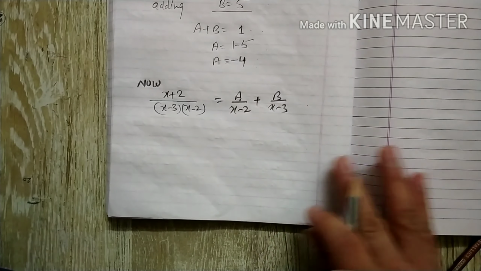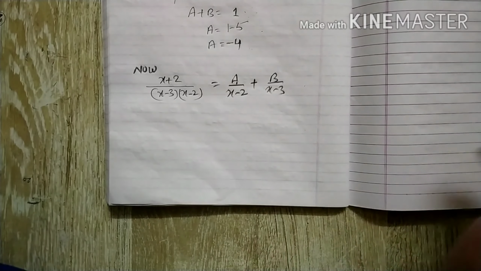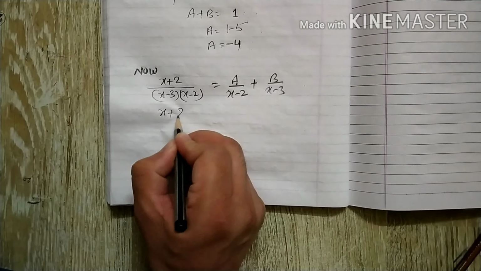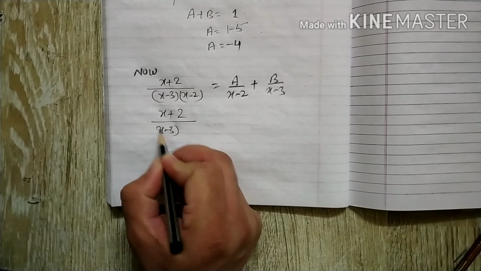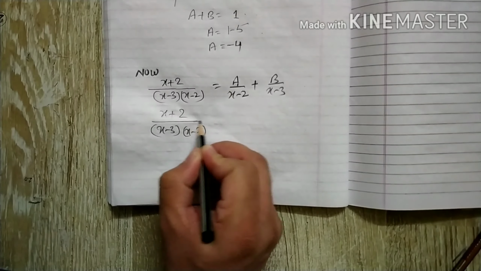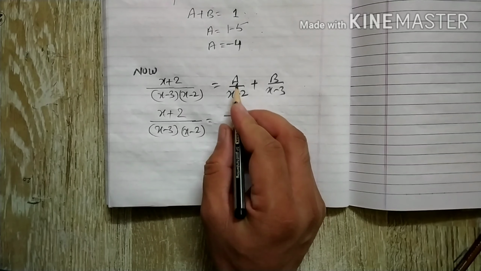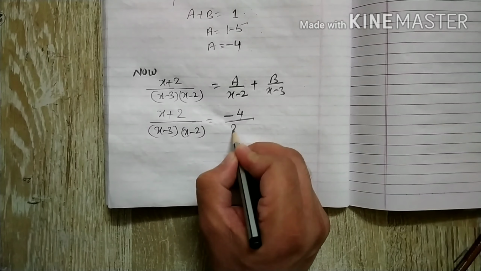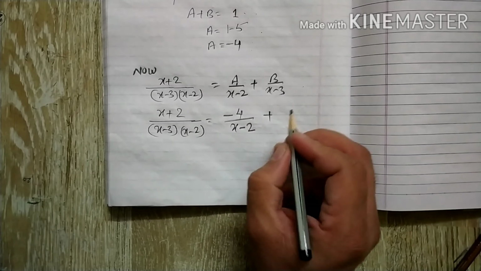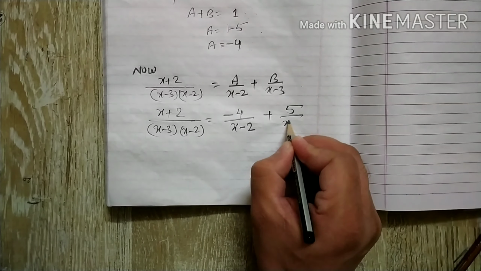Since we already found the values of a and b, there is no problem in writing. In the place of a, minus 4 upon x minus 2, and in the place of b, 5 upon x minus 3.